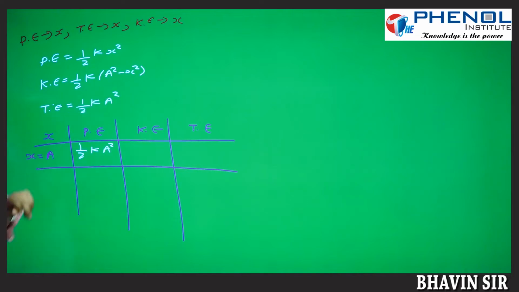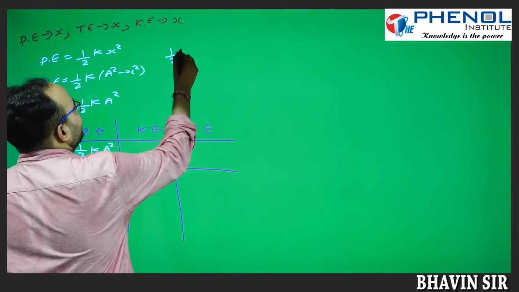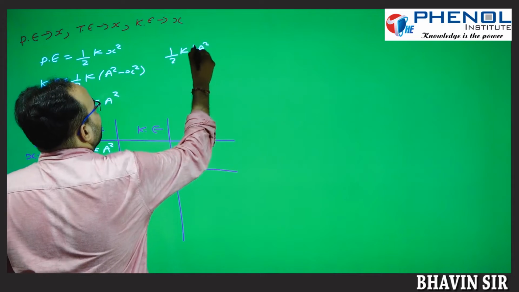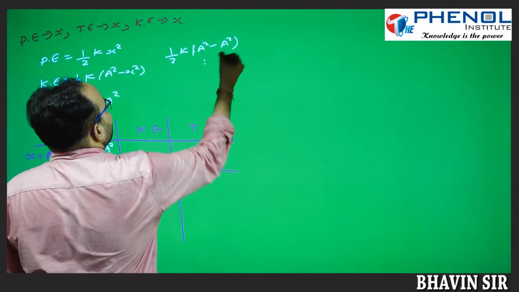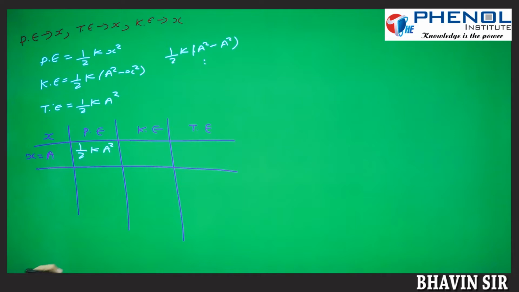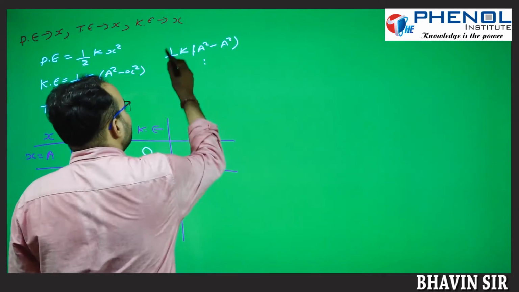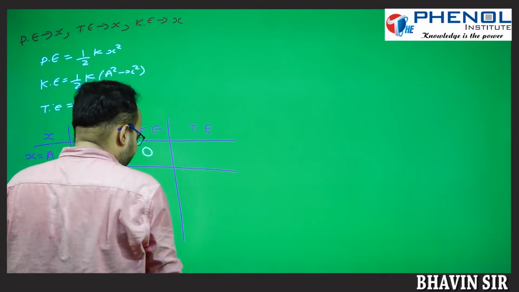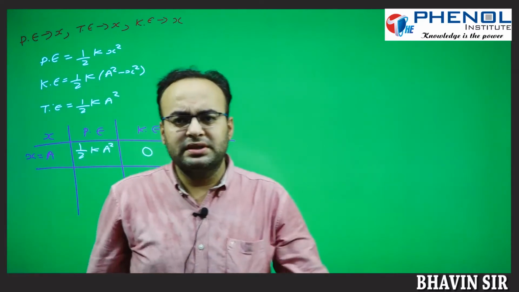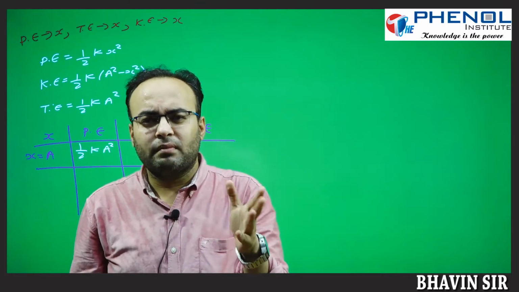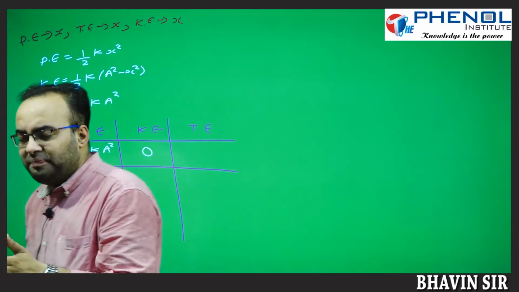What is the kinetic energy? If in the place of x we write a, then a square minus a square, so the kinetic energy is 0. So what does it mean, students?